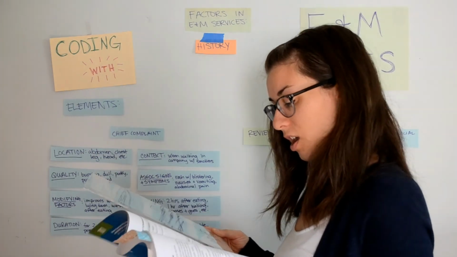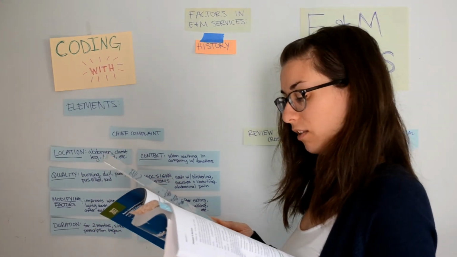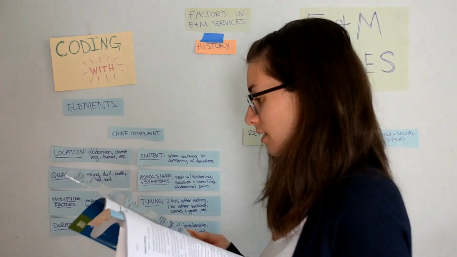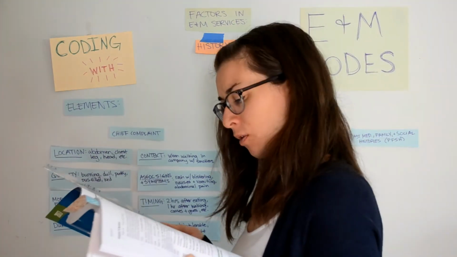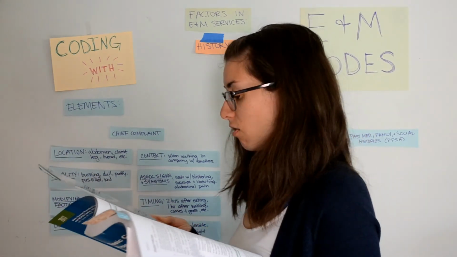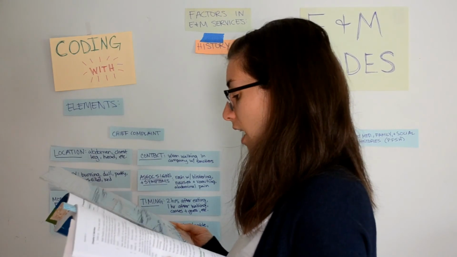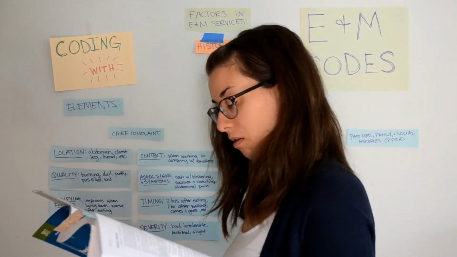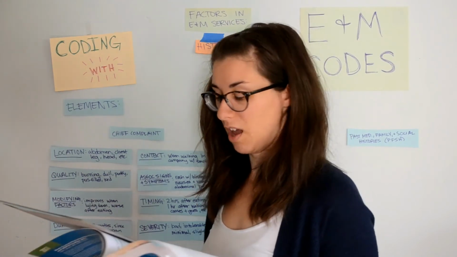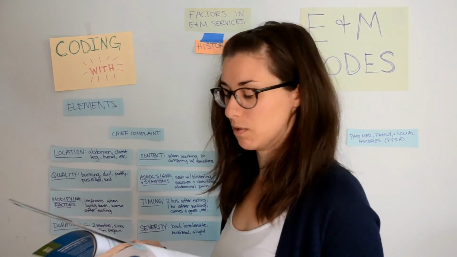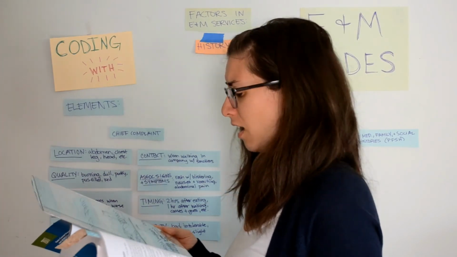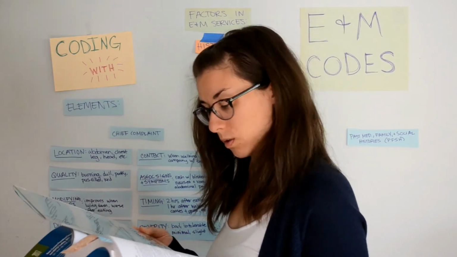And the answer key is saying that it should only have been location, quality, and duration. Okay. So we got that wrong. Review of systems is problem specific. So I guess we should have put that it was ears, nose, throat, and mouth as the one system that was being reviewed, which would put it under expanded problem focused.